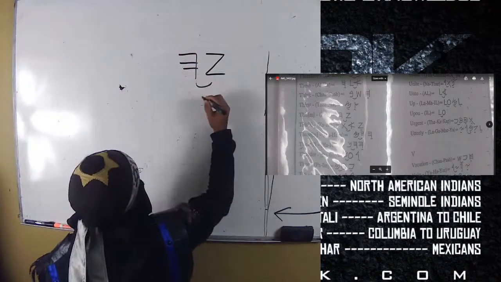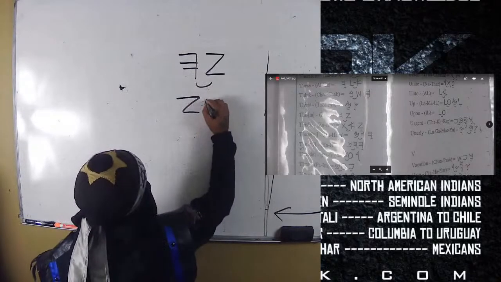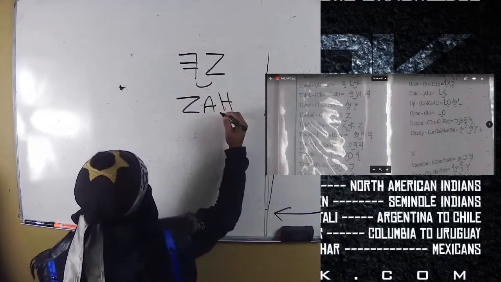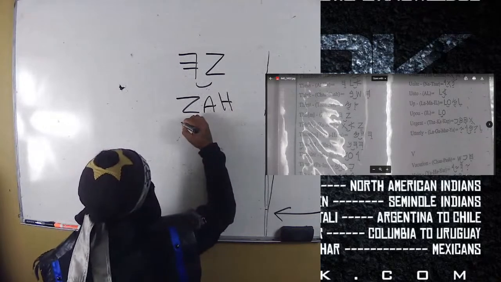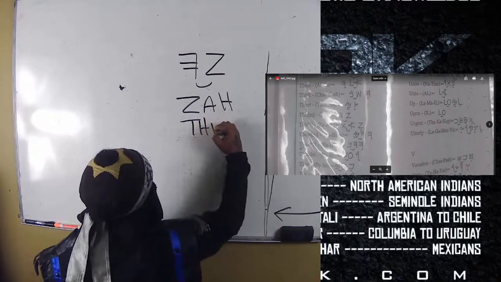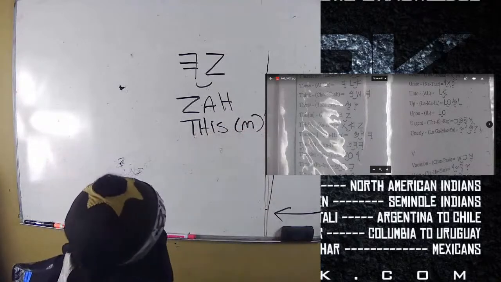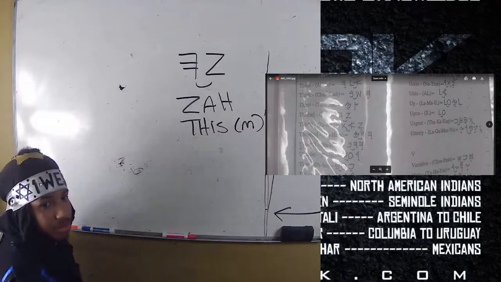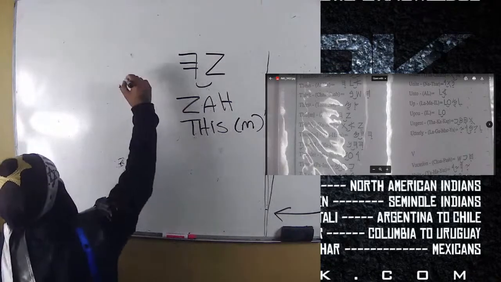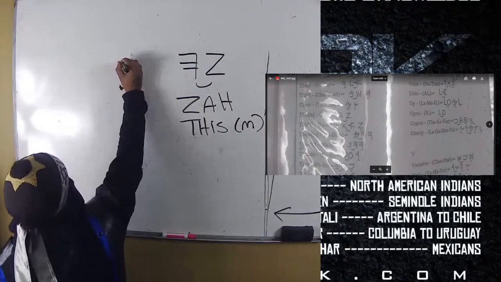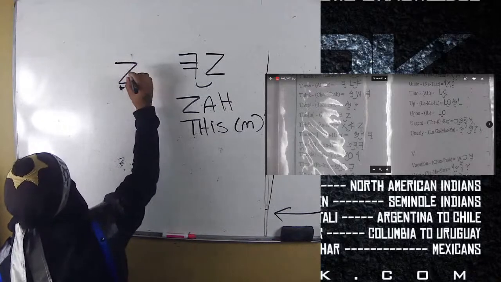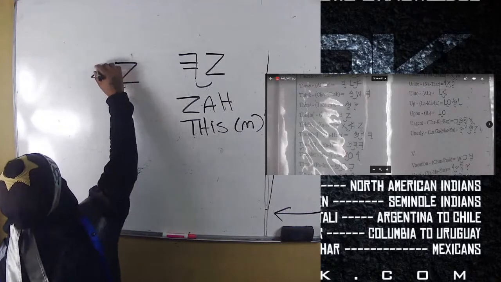Now this is za feminine. Za masculine. Za. It means this. But it's masculine. It's this. And then you have this for a woman, and it's za'ah.